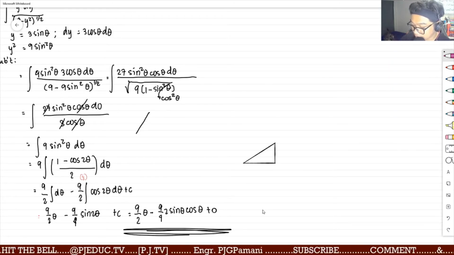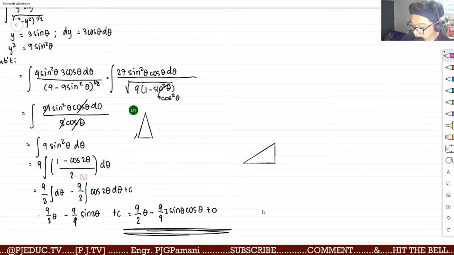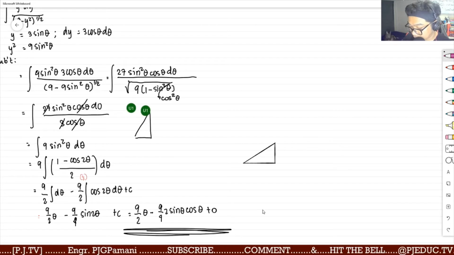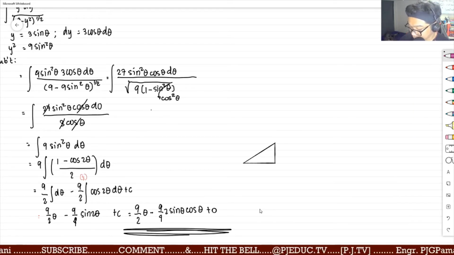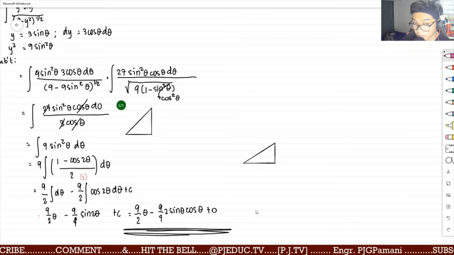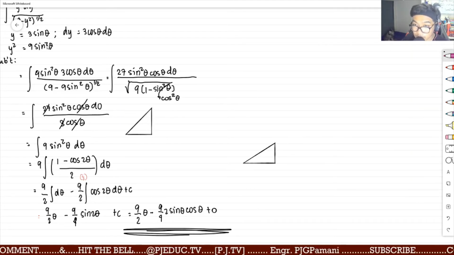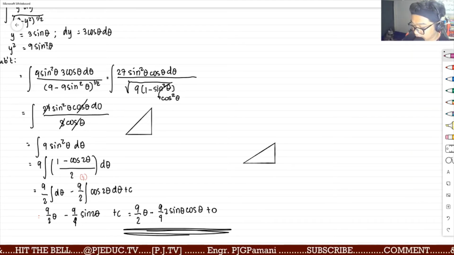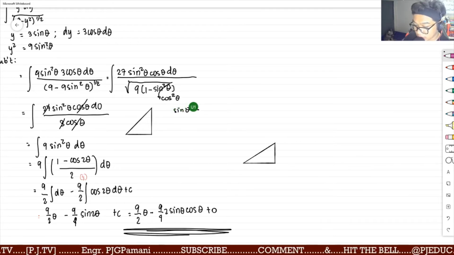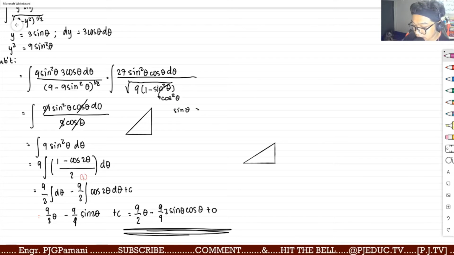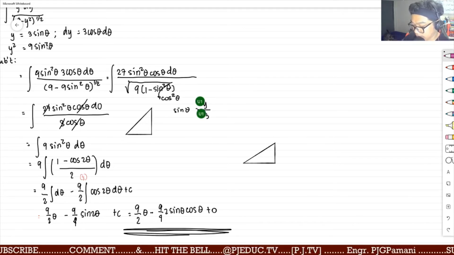Remember your triangle y from y equal to 3 sine theta, where sine theta is simply equal to what? Tawag na dyan, opposite over hypotenuse.